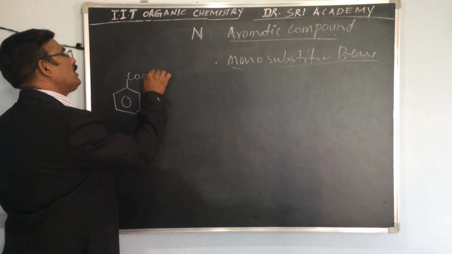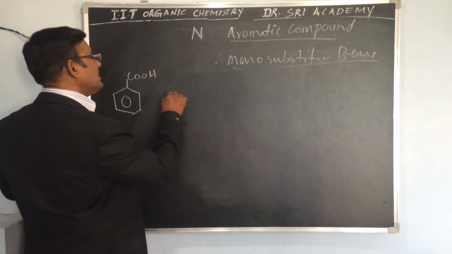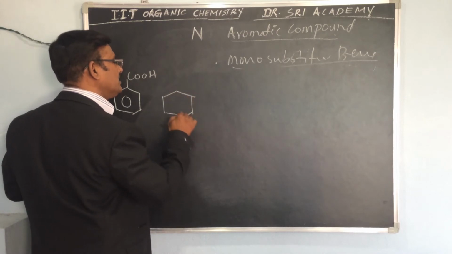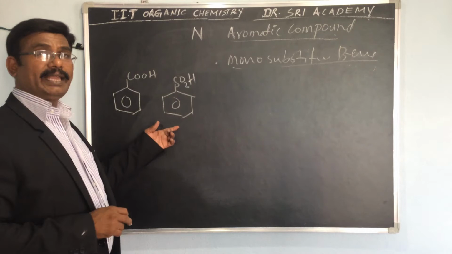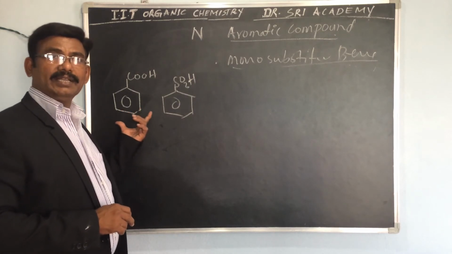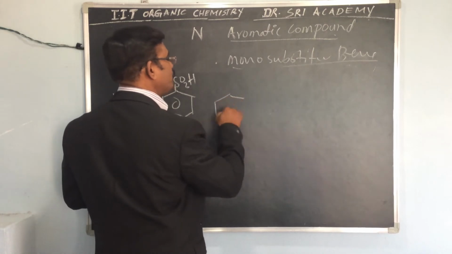So benzoic acid is the highest priority. And then sulfonic acid, SO3H, benzene sulfonic acid.